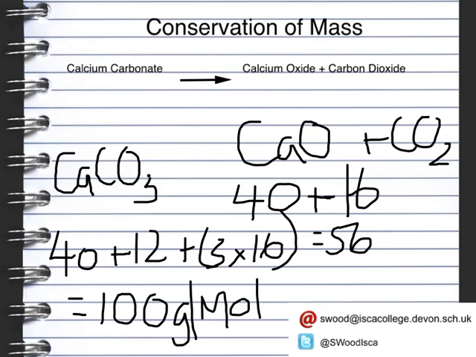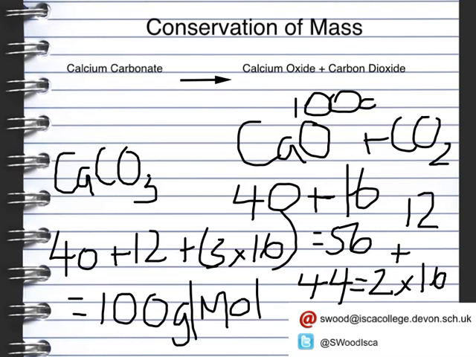And then we've got carbon dioxide, which is 12 plus 2 times 16, and that is equal to 32. 32 plus 12 is equal to 44. Now if we add the 56 and the 44 together, we've got a mass of 100 grams per mole. So 100 grams per mole will make 100 grams per mole on this side.